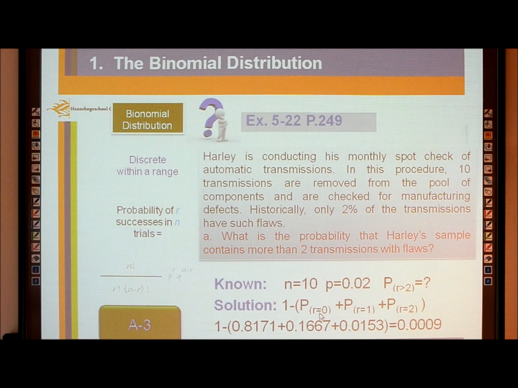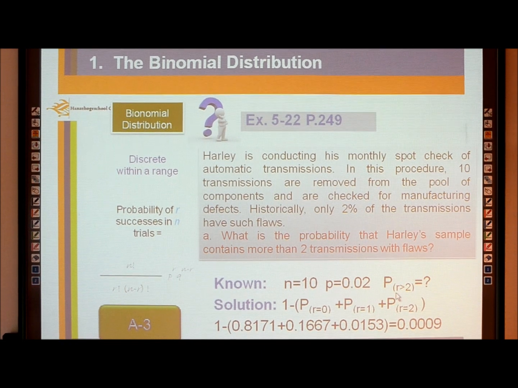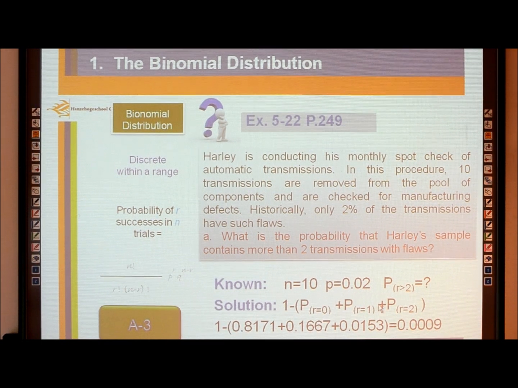When you add the probabilities for r equal to 0, 1, and 2, you get the probability of 2 or fewer. And you use 1, that means 100%, minus that probability of 2 or fewer. Then you get the probability for more than 2.